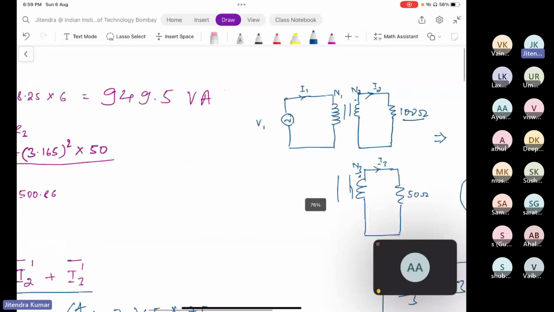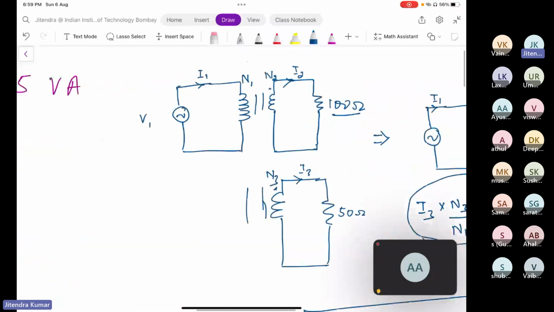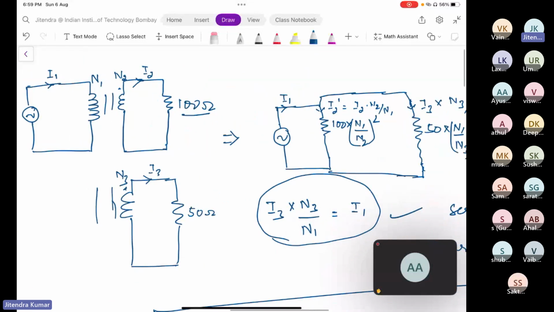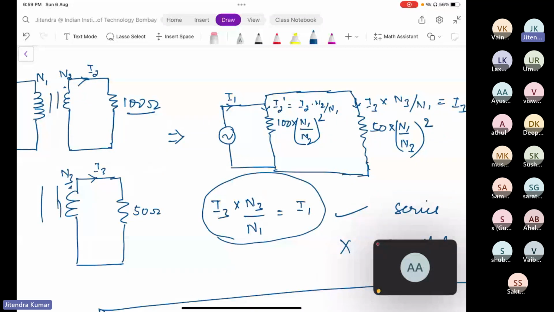To verify that, I referred both the loads and both the currents towards the primary side, and I tried to equalize the current of the tertiary reflected to primary with the actual primary current. So that came out not to be equal.